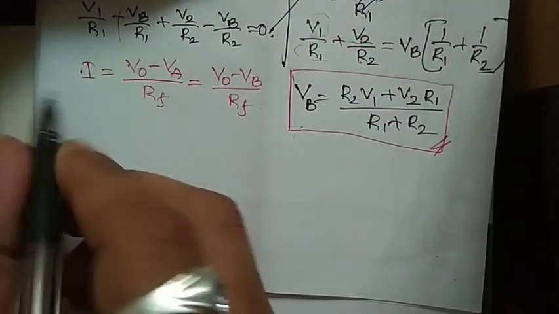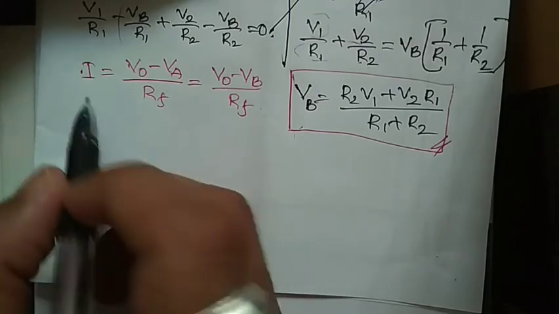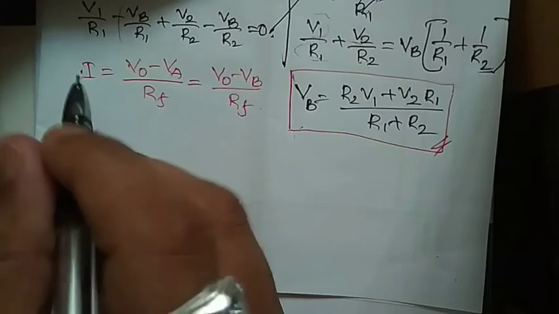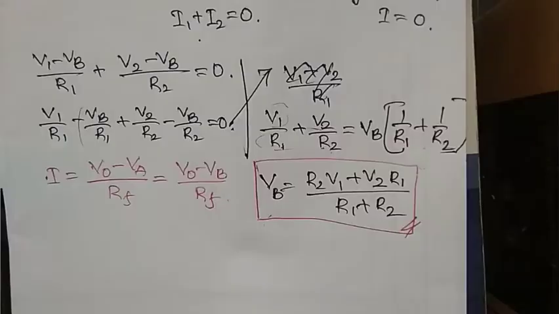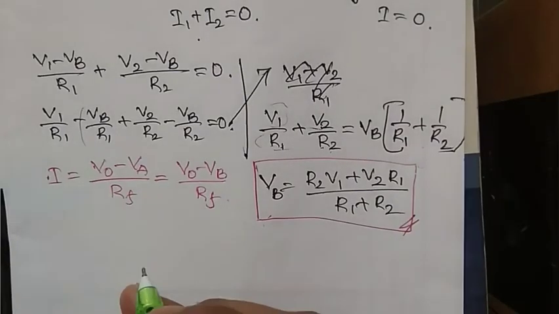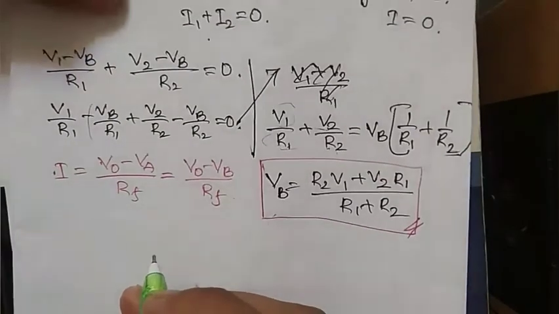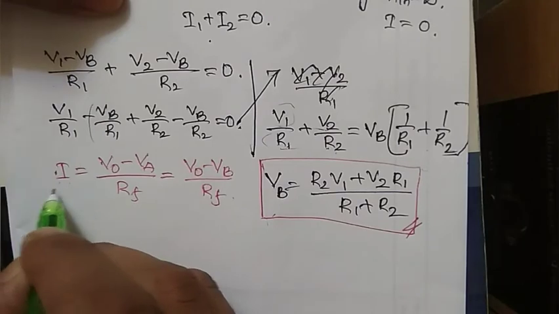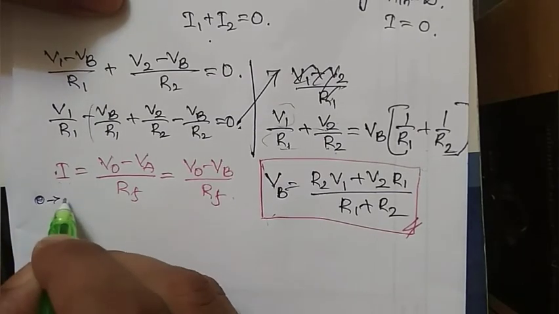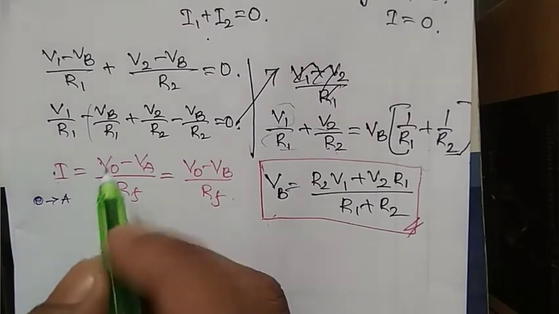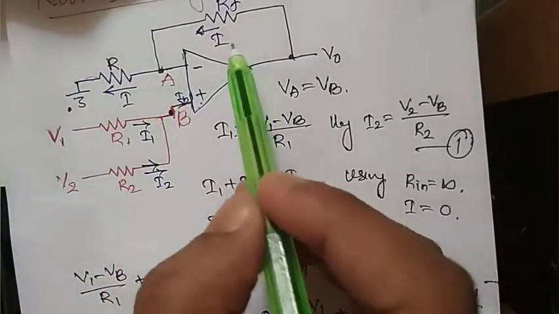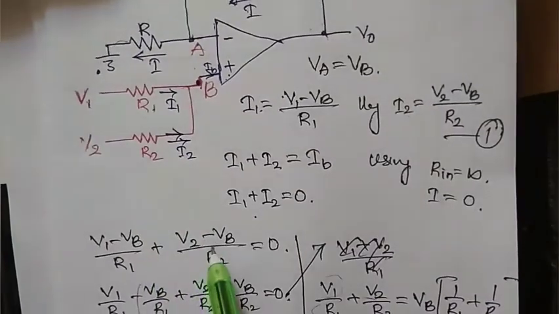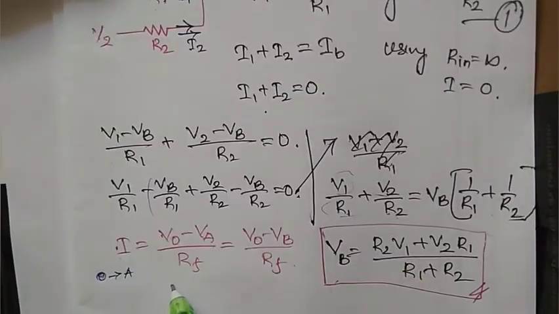So equating those equations. Okay, we have another current. We already found the current at the output to node A. Now we have another current: V0 minus VA divided by RF.